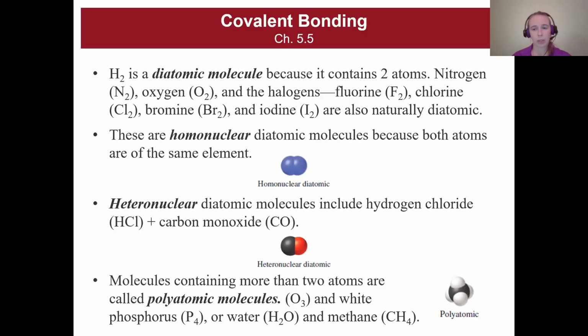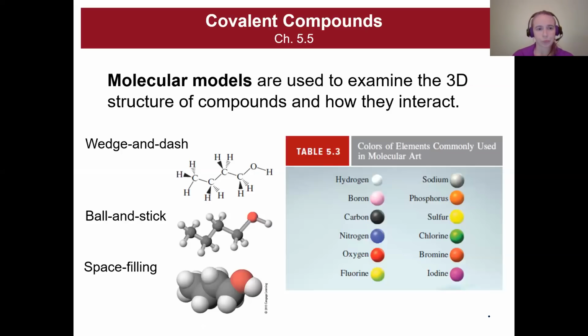And here's a little picture of a space-filling model. I'll explain that in a couple slides, of a polyatomic molecule. All right, I guess not a couple slides, just one slide. Molecular models are used to examine the 3D structure of compounds and how they interact.